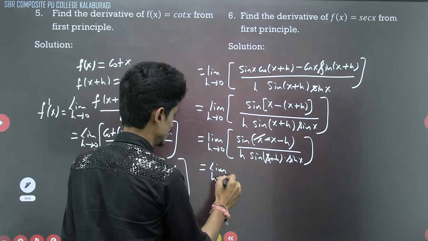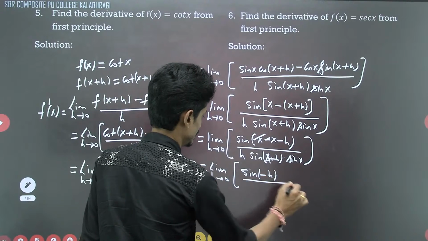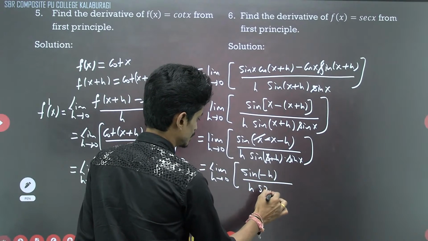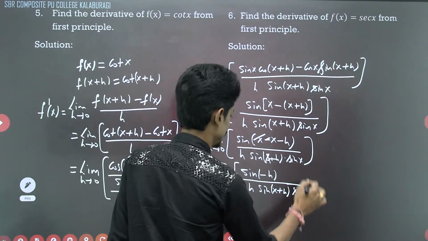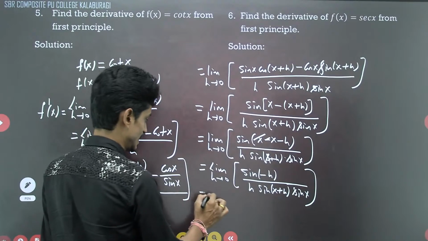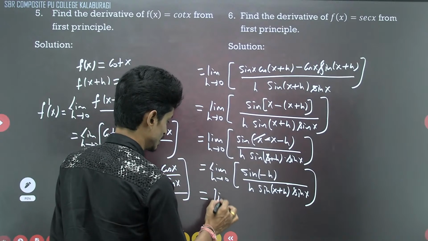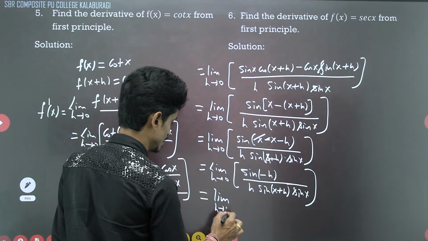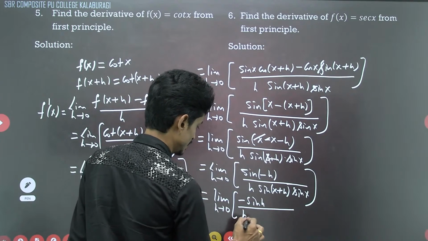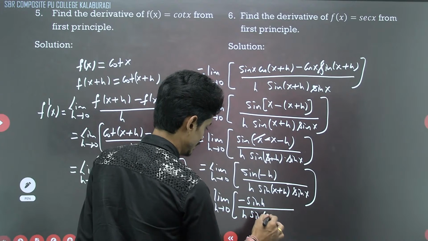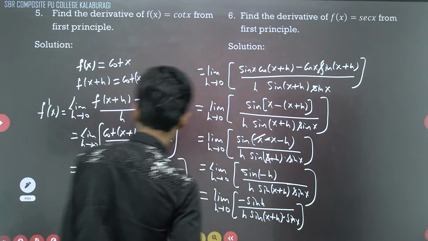Limit as h tending to 0, sin of minus h divided by h into sin of x plus h into sin x. Clear? After that, sin of minus theta, what is our formula? Minus sin theta. So the limit as h tending to 0, minus sin h divided by h into sin of x plus h into sin x. Clear?